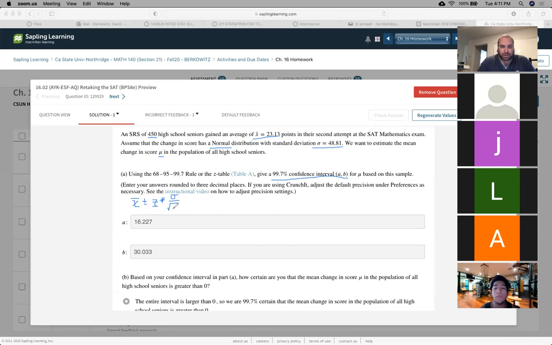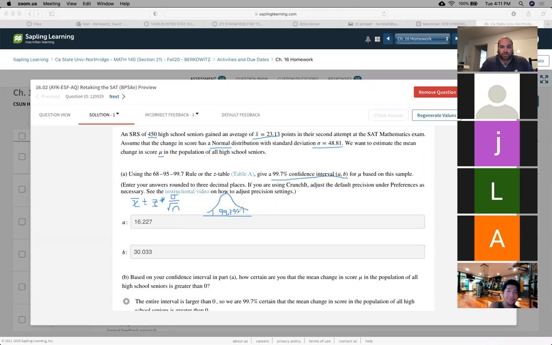So X bar they gave me, it's 23.13. Sigma they gave me, it's 48.81. And N they gave me, it's 450. They didn't straight up give me Z star, but they did tell me that I'm working with a 99.7% confidence interval, which means my cutoff points are going to contain 99.7% of my data.